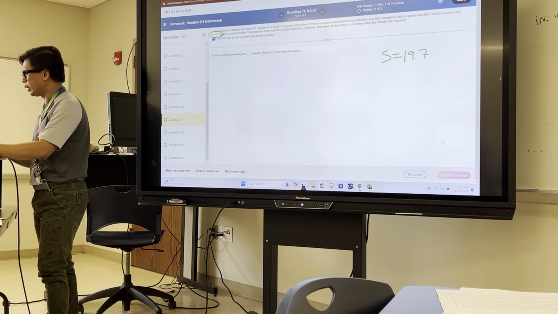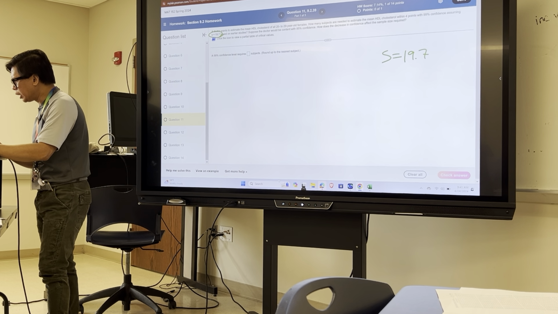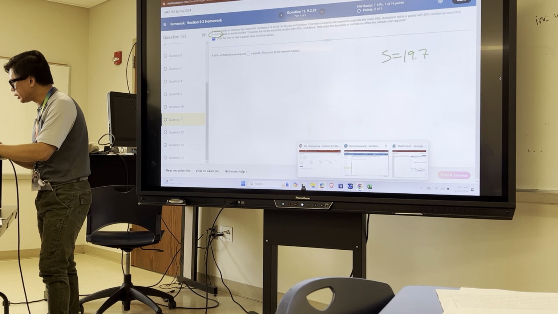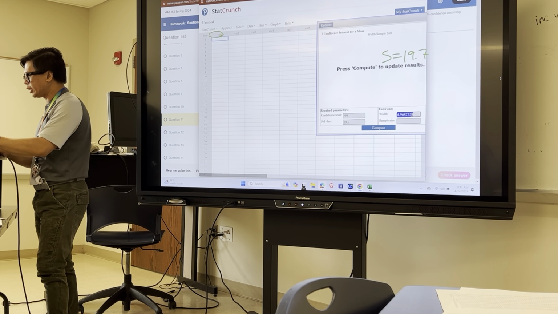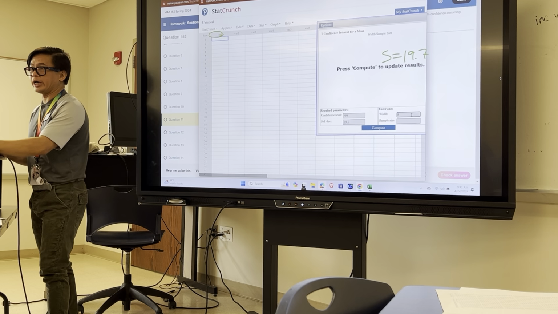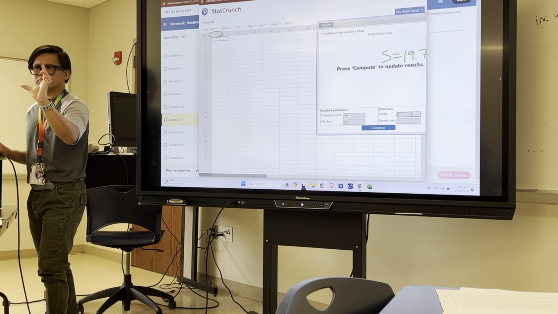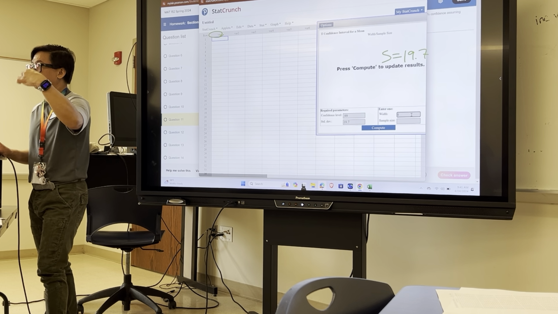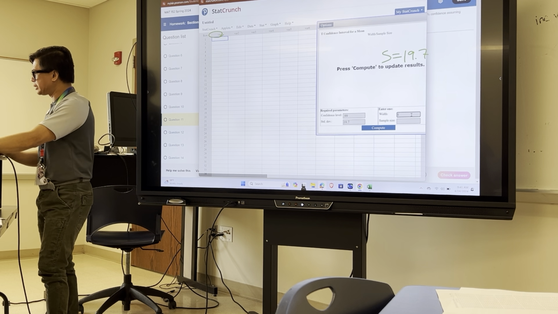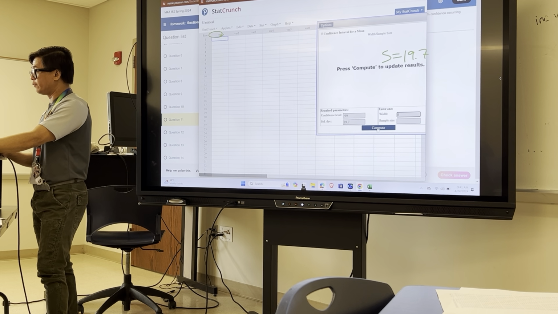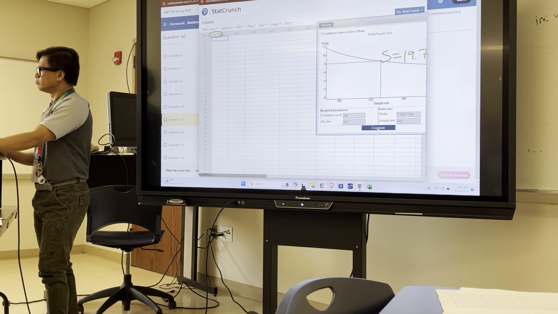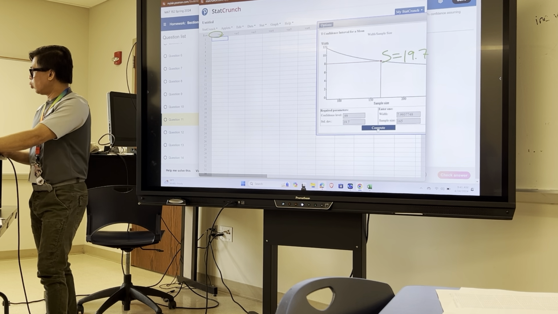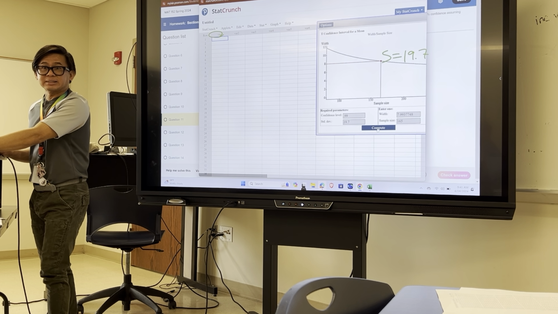Let's verify, okay? Here we go. If I click in here and make it 8 points, if it's 4 points to the right and 4 points to the left as the width, let's see what sample size we're going to get out of this. It gave us 165 as a sample size.